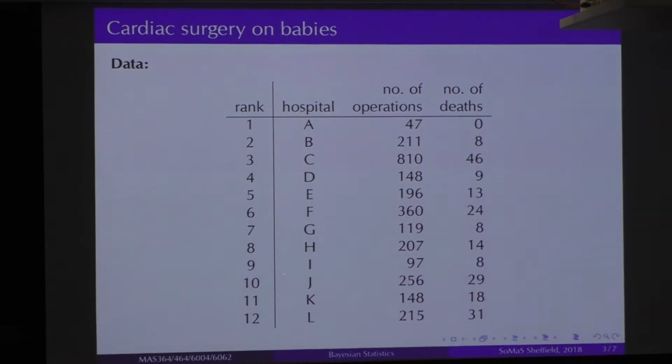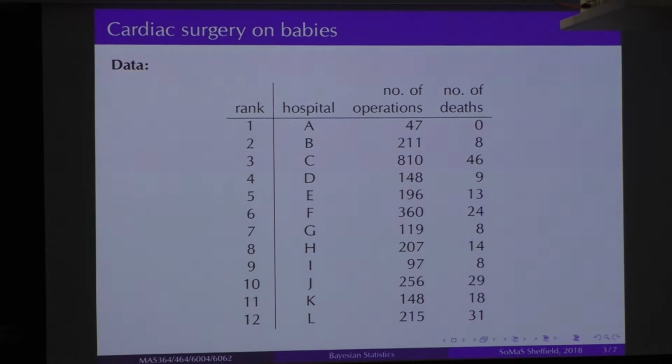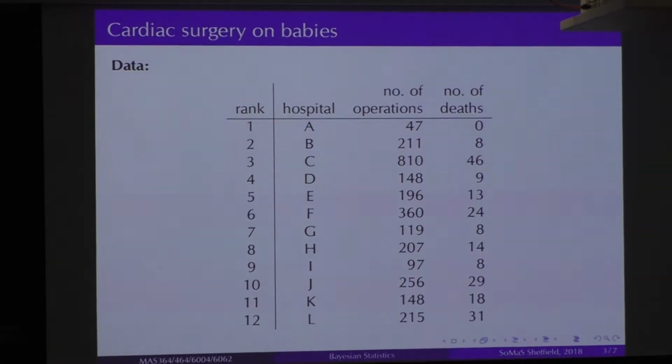And maybe he based that on the fact that he has fewer deaths than almost any other hospital, but also they have fewer operations, right? So basically what we are after is to try and measure the uncertainty in the ranking of the hospitals, right?